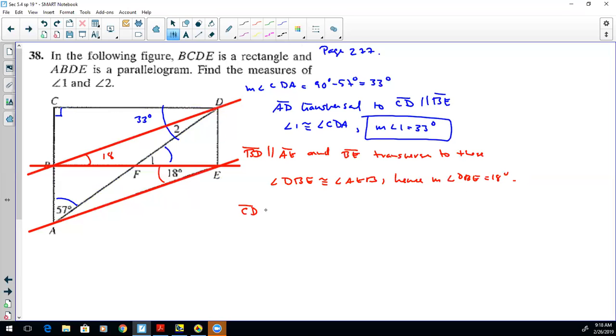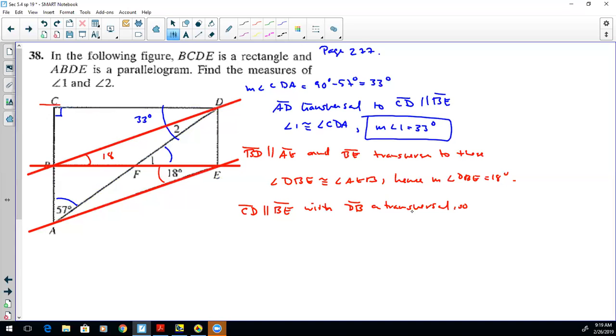Right. CD is parallel to BE. I've already said that. Okay, and in this case, with CD and BE, DB is a transversal. So CD and BE are parallel. DB is a transversal of that.